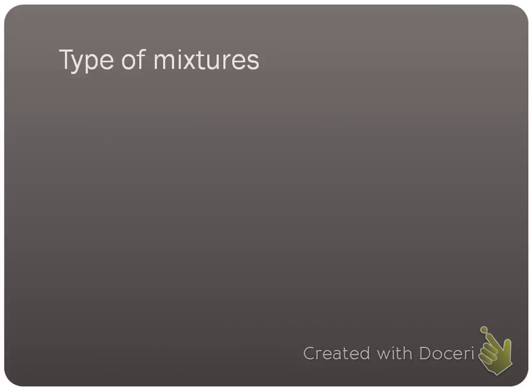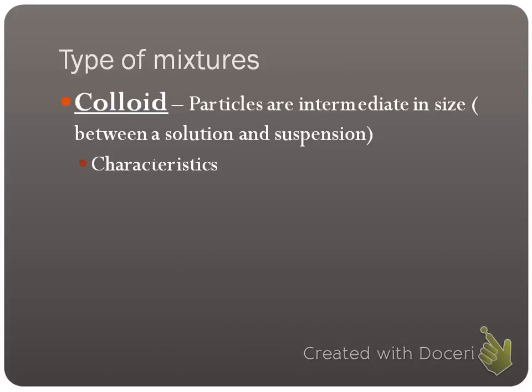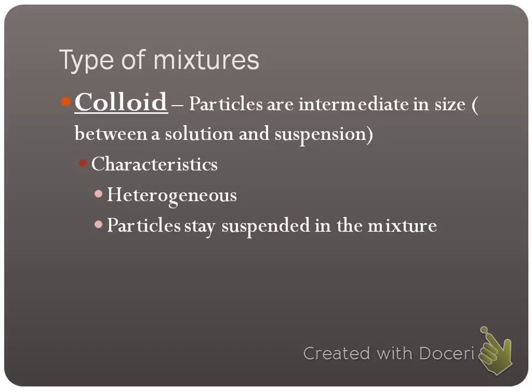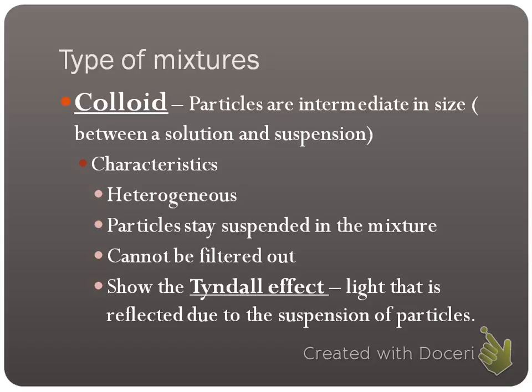All right, good. So then, we have two other types of mixtures that are not homogeneous. They would be colloids. Colloids are heterogeneous. They will reflect light. So with any colloid that you try to shine light through, you'll see the beam appear because the particles are basically reflecting it in all different directions.